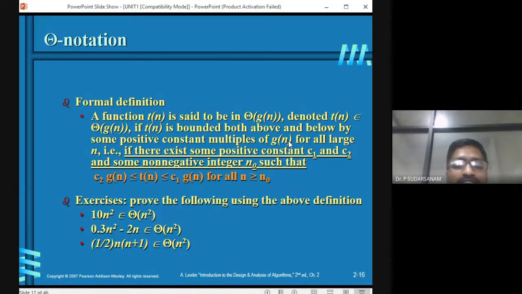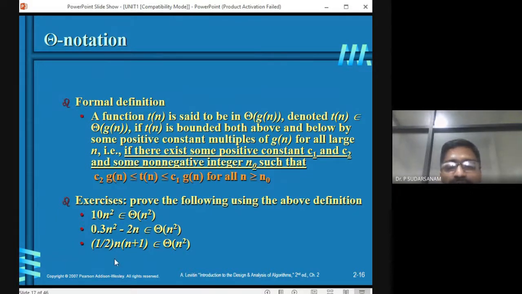If you multiply with 2, 3, 4, you will get the upper side. If you multiply with 0.4, 0.3, 0.5, you will get the lower side. And the condition is n is greater than or equal to n naught, for all large values of n. So you have to write the definitions as it is, the way I have written them. Then only you will get good marks.